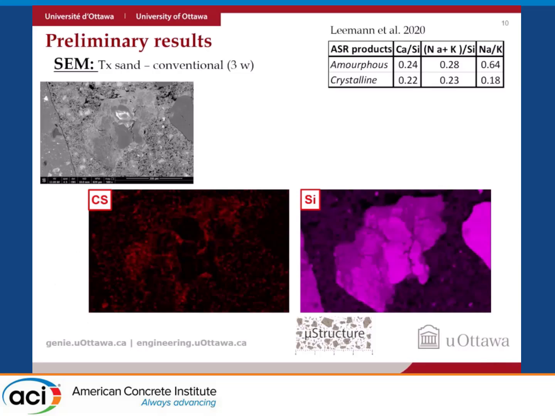And interestingly, for example, this is a particle of only 3 weeks of ASR with Texas sand, and you see that in the particle we have some cracks, and if you do a cesium scan under the SEM, you're going to see that cesium is really penetrating. So we are having an alkali balance between cesium and sodium and potassium, and cesium is really being fast in penetrating. So it looks like a good tracer for future analysis.